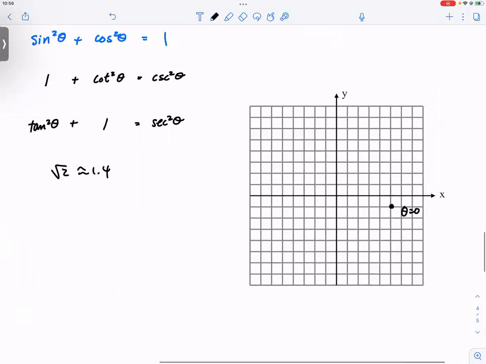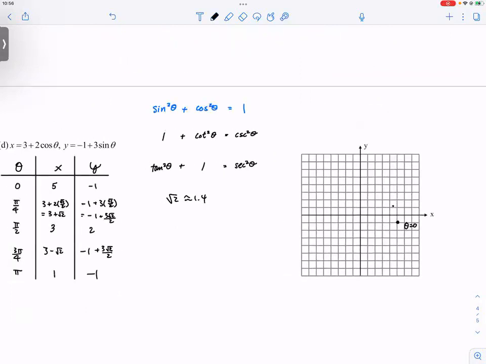So think about 4.4 comma 1.1, somewhere right here. And then you got 3 comma 2 right here. This is theta equals pi over 4, and this is theta equals pi over 2. Then you've got 1.1 again for the y, but in this case, 3 minus 1.4 is 1.6. 1.6 is somewhere here.